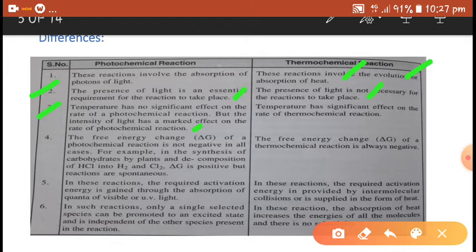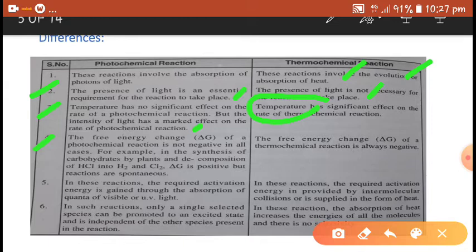Temperature doesn't have any significant effect on photochemical reactions, whereas in case of thermochemical reactions, the temperature has a significant effect. So temperature plays a key role for thermochemical reactions. Whereas in case of photochemical reactions, the free energy change is not negative in all cases.